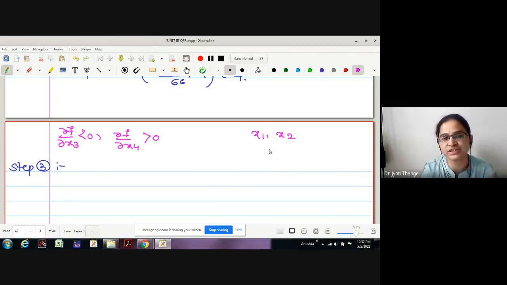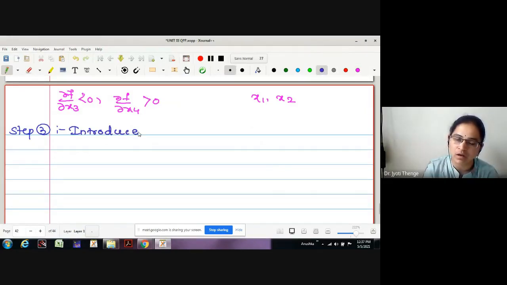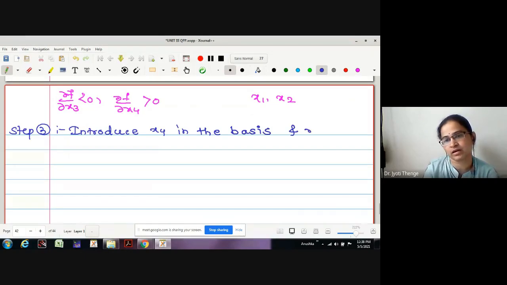Now the question is, which variable should be removed? x4 is introduced, no doubt. Which variable is removed? Arbitrarily one can remove x1 or x2, anything. Now we will remove x1. Therefore, the statement I will write is: introduce x4 in the basis and remove x1.